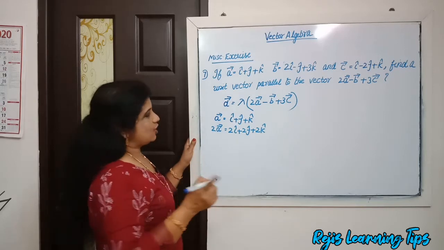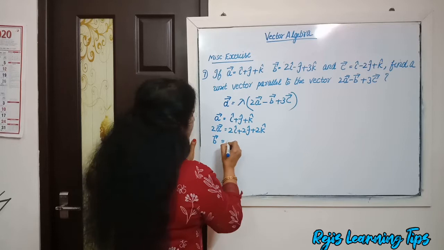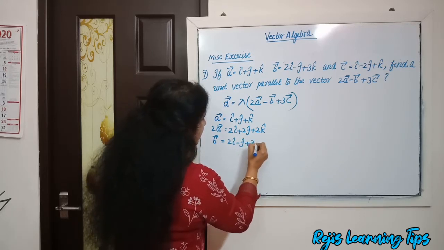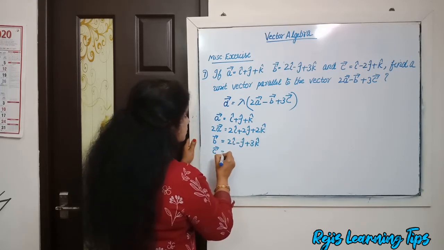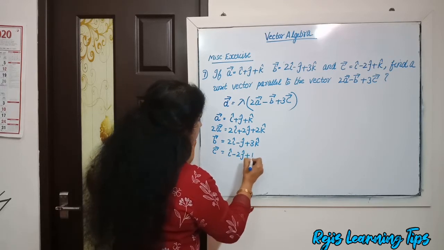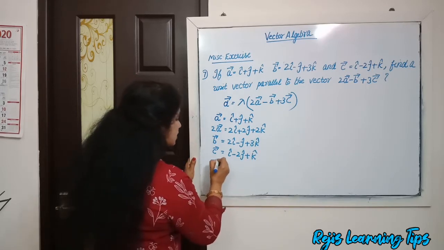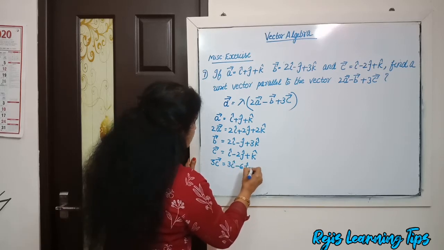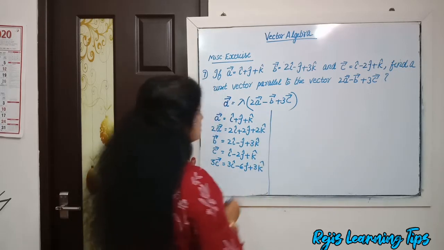Then vector B is equal to 2i cap minus j cap plus 3k cap. Then vector C is equal to i cap minus 2j cap plus k cap, so 3 times C vector is equal to 3i cap minus 6j cap plus 3k cap.